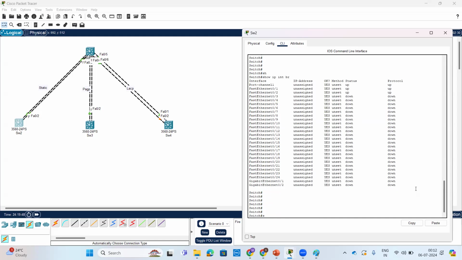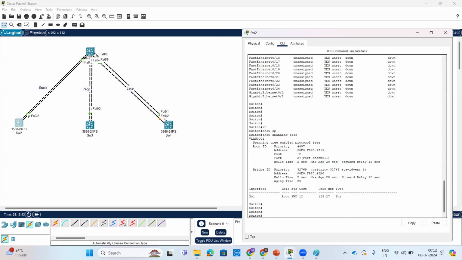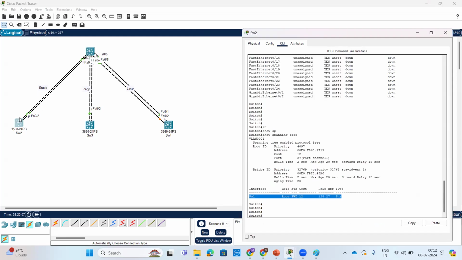Now check the spanning tree with show spanning-tree. Port PO, the port channel, is root port and forwarding, because this one is the root bridge and this is the non-root bridge.